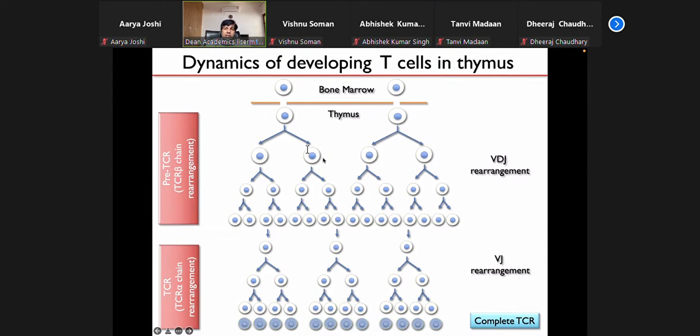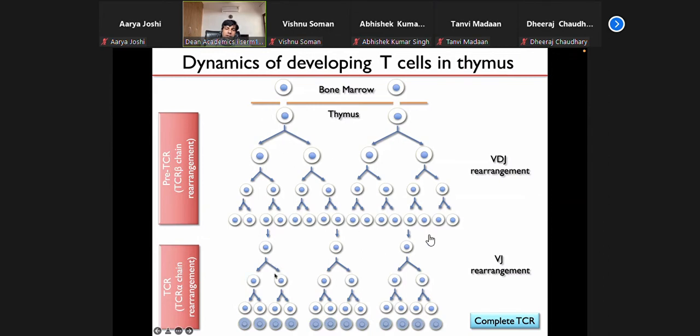Cells keep on dividing. The first process that has to happen is this VDJ recombination. And after this, again, cells keep on dividing, and all these cells are not going to make it to the next stage where they can start a rearrangement for the alpha chain, or in case of B cells, for the light chain. So all these cells are going to die through apoptosis. And once you have TCR expressing cells formed, then you start the process of alpha chain rearrangement.